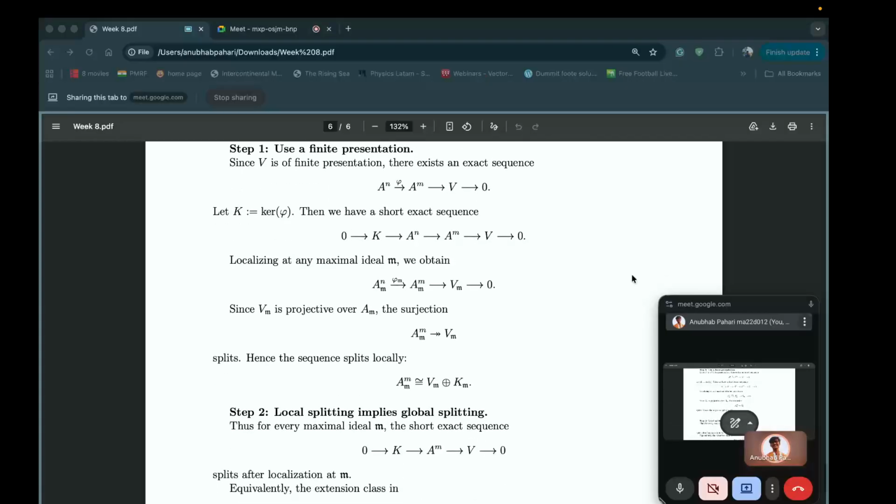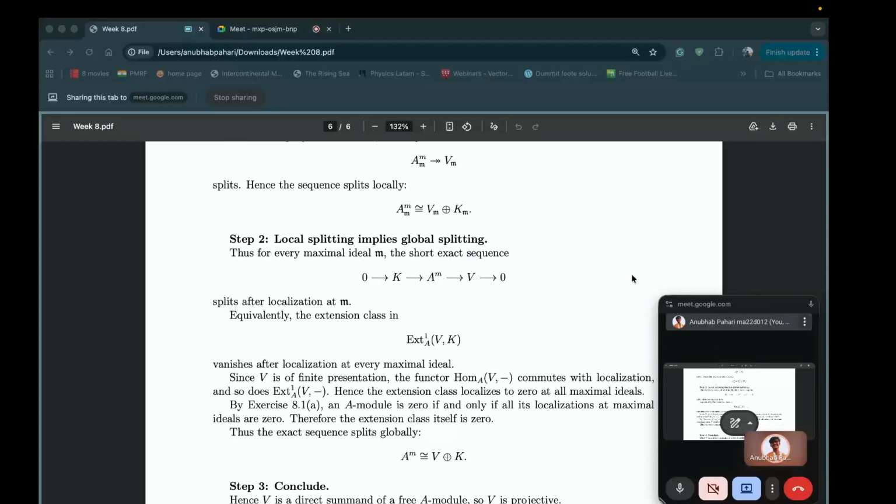So therefore, since V_m is projective over A_m, the surjection from A_m^m to V_m splits, and hence the sequence splits locally. That is, A_m^m is isomorphic to V_m direct sum K_m.